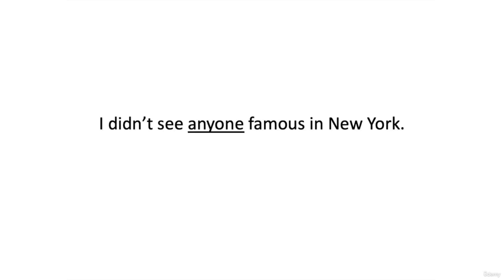For example, I didn't see anyone famous in New York. We are talking about a non-specific person in a negative sentence construction, as indicated by did not or didn't. Therefore, we use anyone.